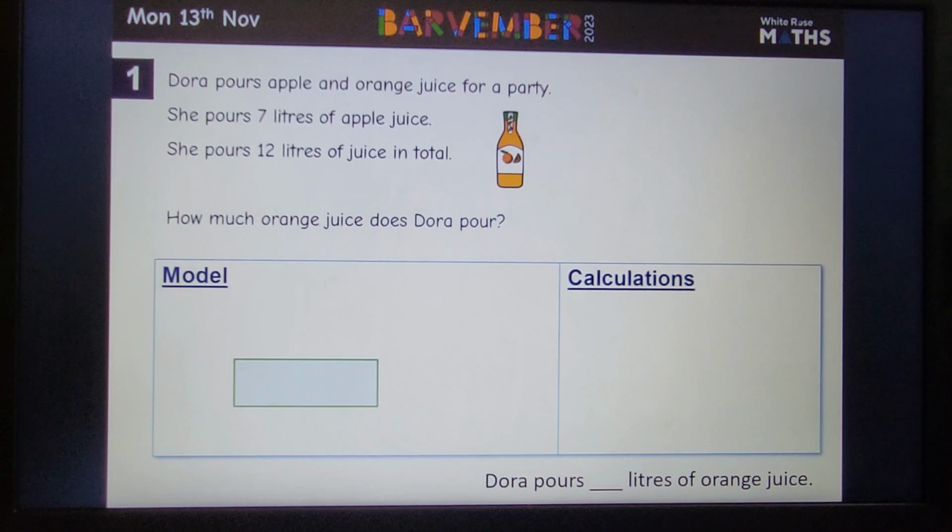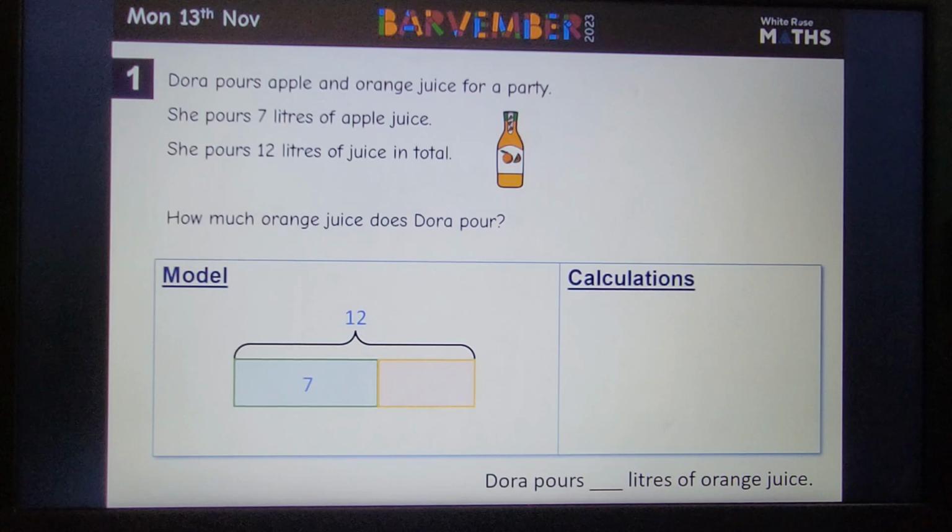So let's draw the apple juice and then we'll put the numbers into the bars. And there's your orange juice. 7 is the apple juice and it tells you that the total amount of juice altogether, so total, was 12. So if you pop that in there, you can see from the bar model that everything is 12.